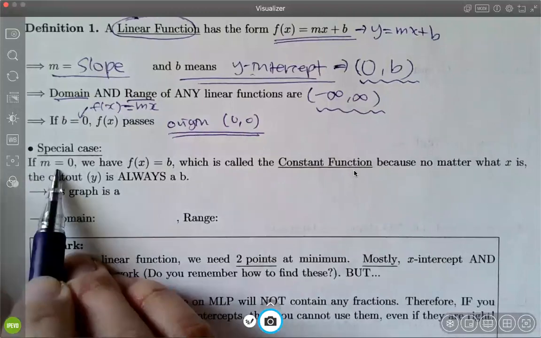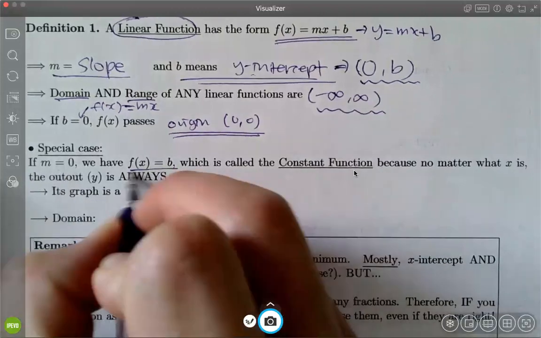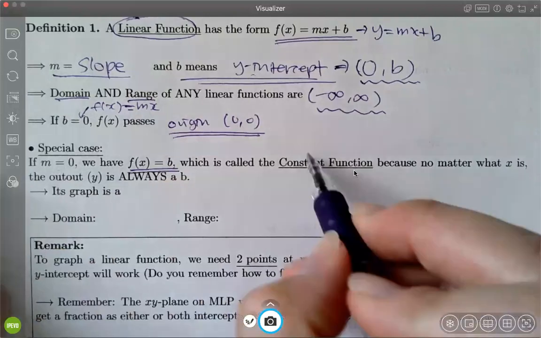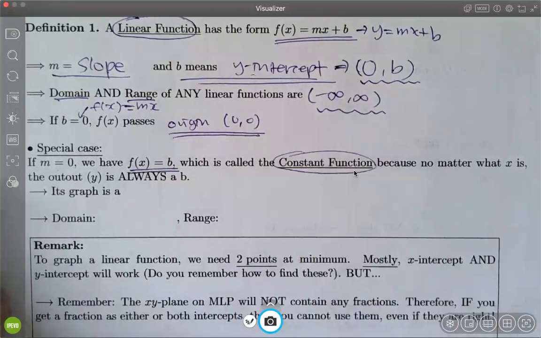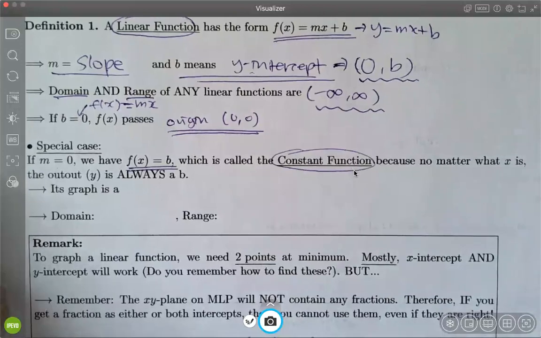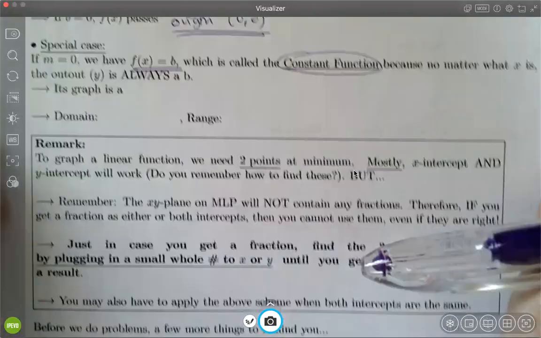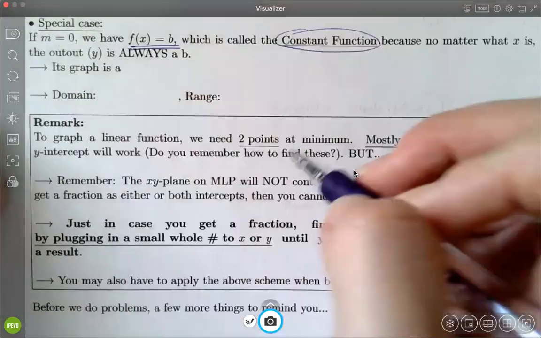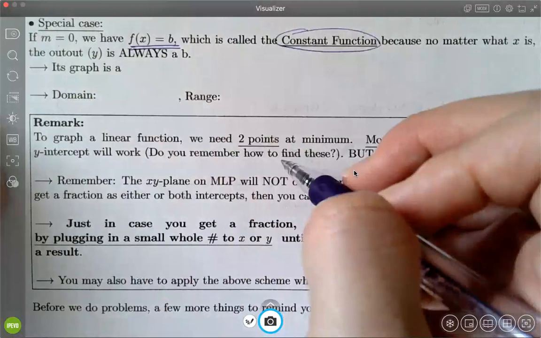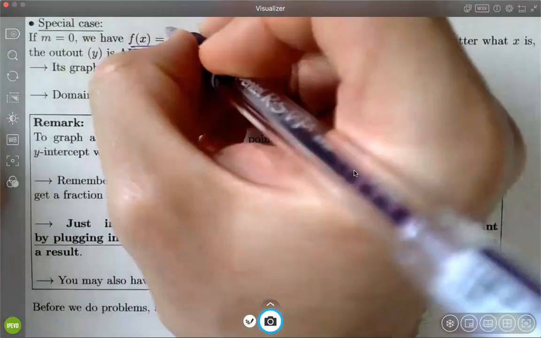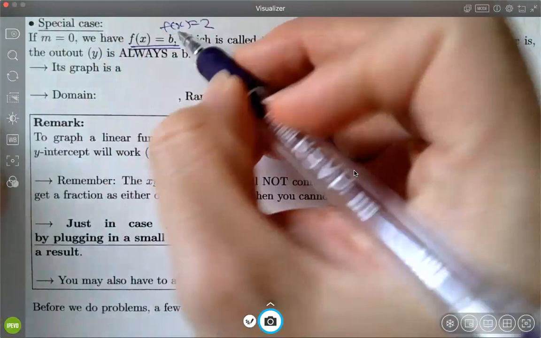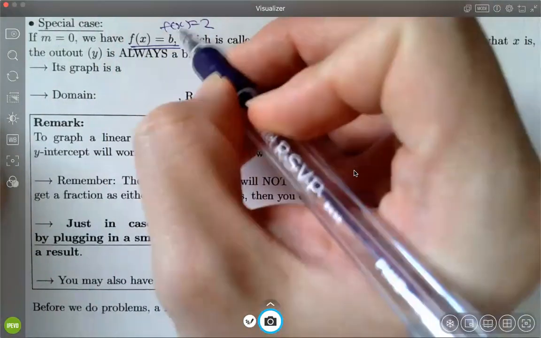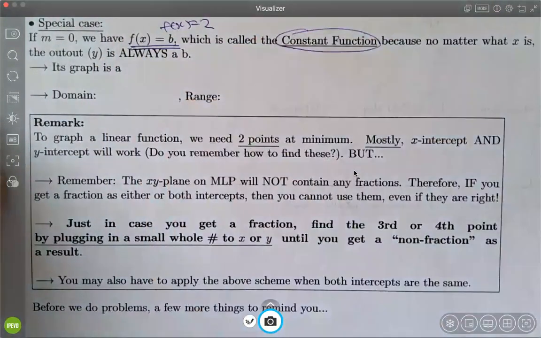Conversely, let's suppose m is equal to 0. Then we have f of x equals b, and we say that is the constant function. The reason is that to find the function value, you plug in some number for x, but no matter what that number is, the output is always, for example, 2.